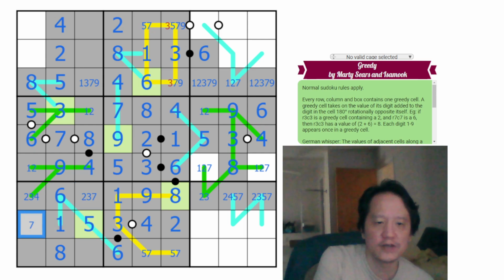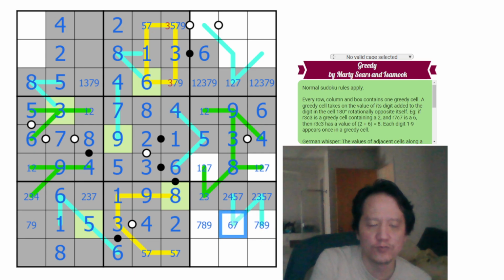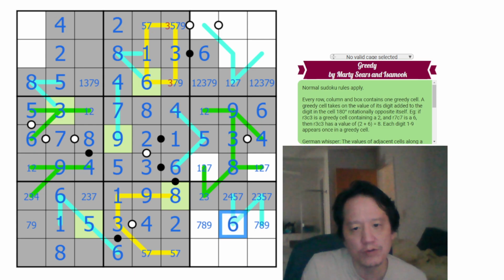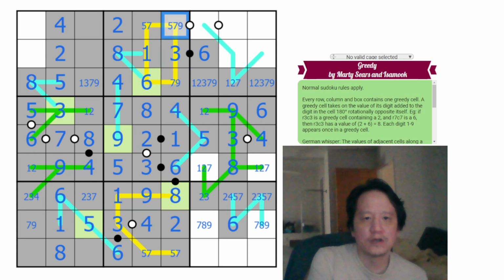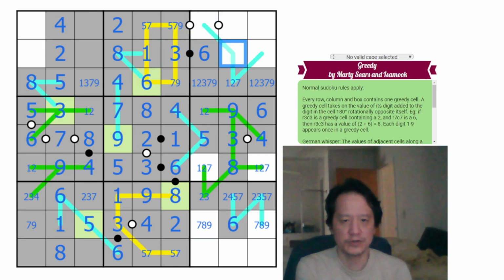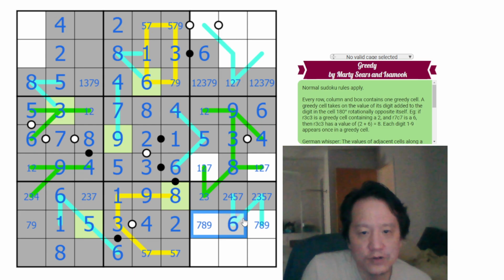So we have 7 and 9, 6, 7, 8, 9. Okay, so there's only one place for 6, so this has to be 6. It also cannot be greedy because we already have a 6 in a greedy space. Okay. Neither of these can be greedy also.